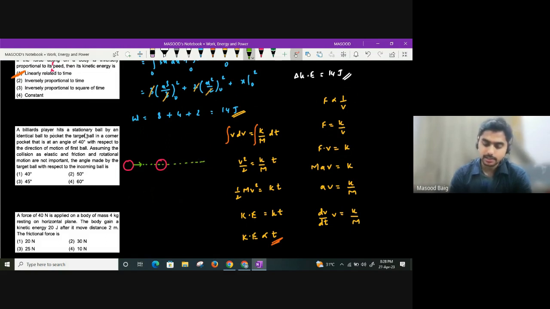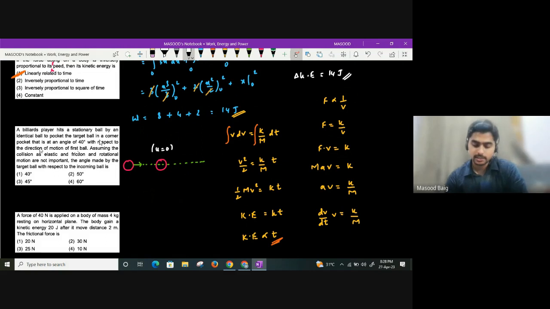Assuming the collision is elastic, you see, both identical balls are there. One object is at rest and is colliding obliquely, guys. And assuming the collisions are elastic, friction and rotational motion are not so important. The angle made by the target ball with respect to the incoming ball, they are saying.